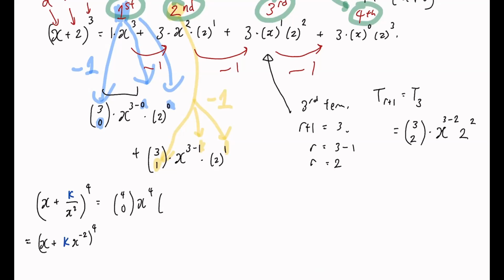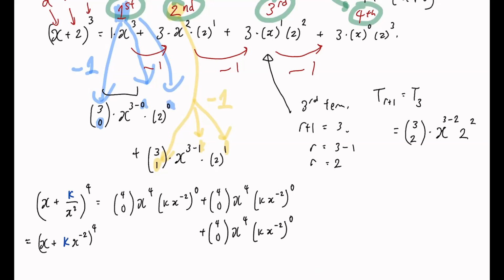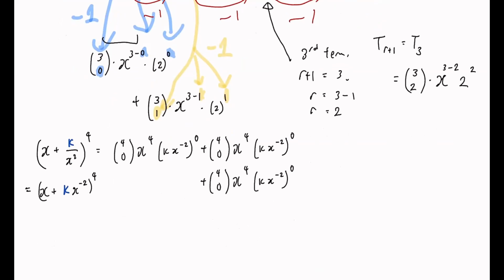Then what this means is I will have k times x power negative 2 to the power of 0. Then I continue. Just to save some time, I'm just going to copy and paste this a few times, and I think you can see the pattern more clearly also.